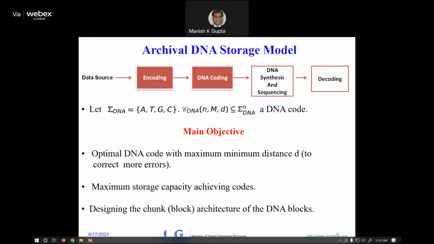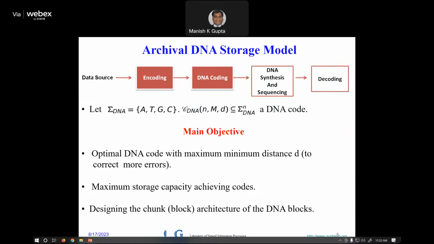So the main objective is to construct optimal DNA codes with maximum minimum distance D to correct more errors. At least substitution errors you can handle here. Achieving maximum storage capacity, you also want that. The initial work showed about a petabyte of information in 1 gram of DNA. But we know that theoretically the limit is 455 exabytes of information.